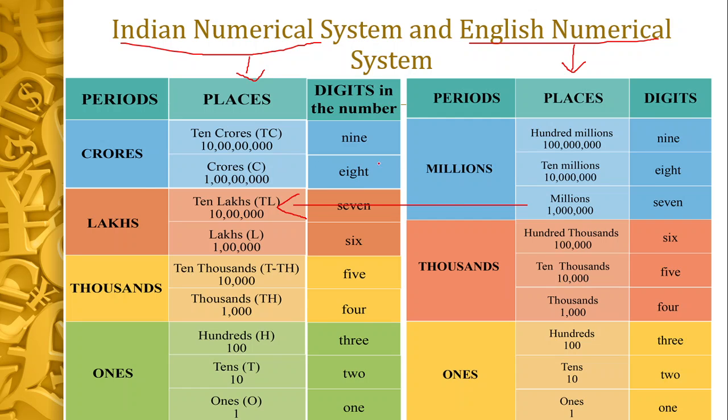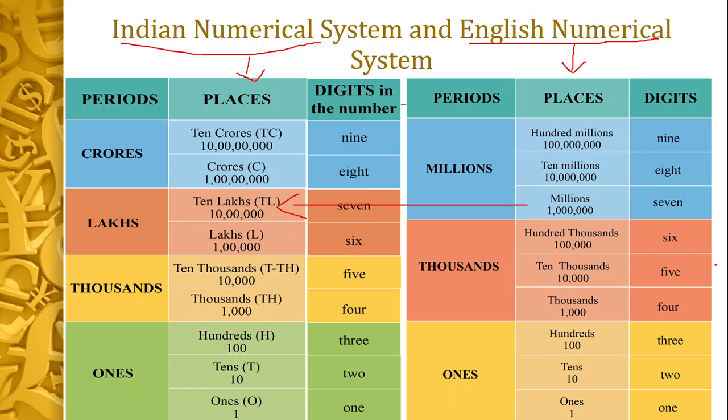And 1 crore would be 10 million, and 10 crores would be 100 millions. When it comes to your strategic management, if you know up until this point, it would be very much helpful.